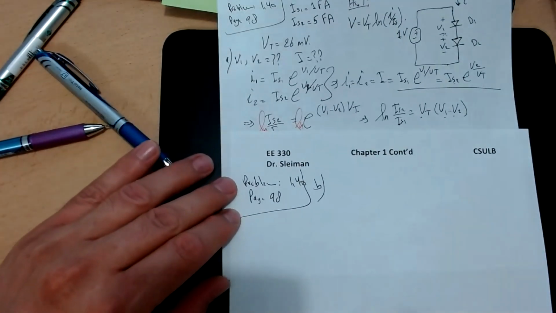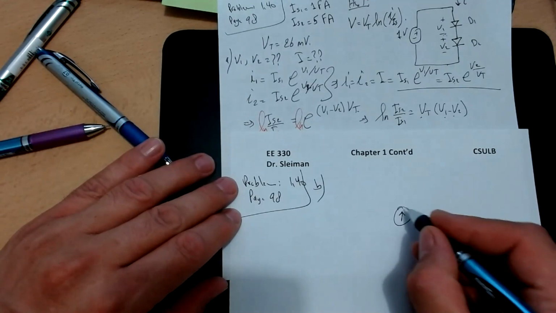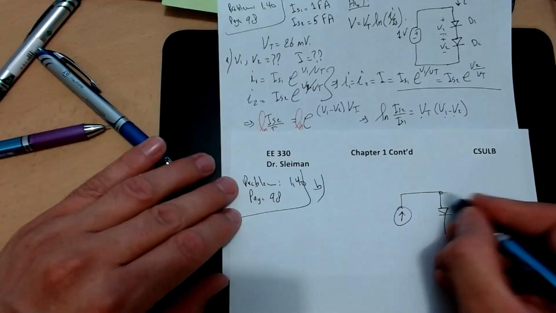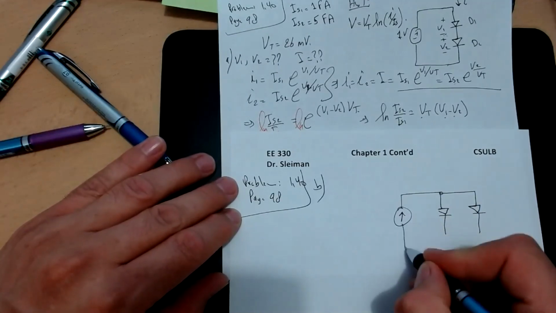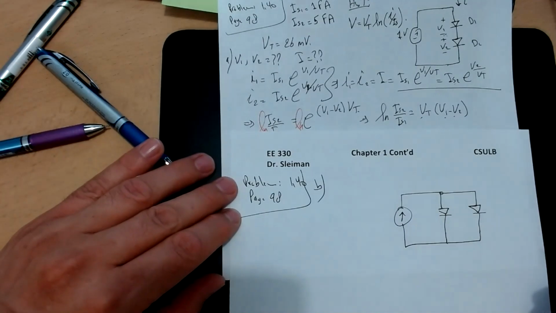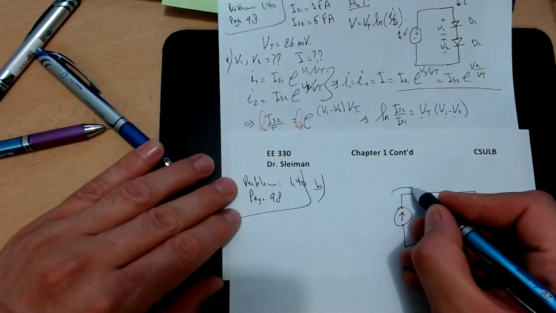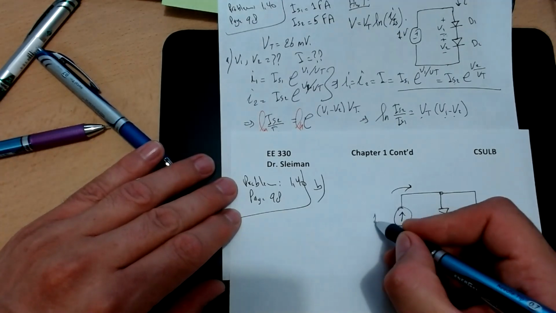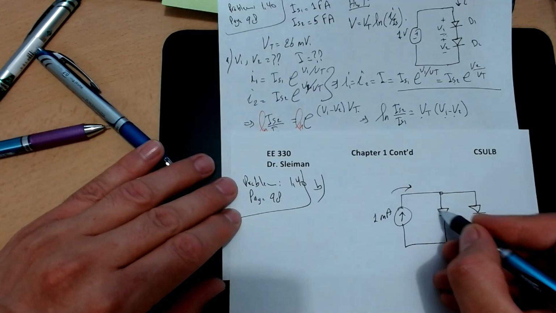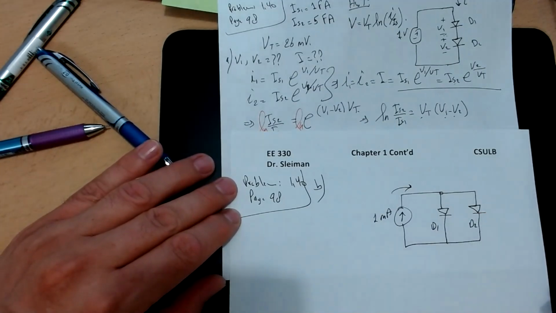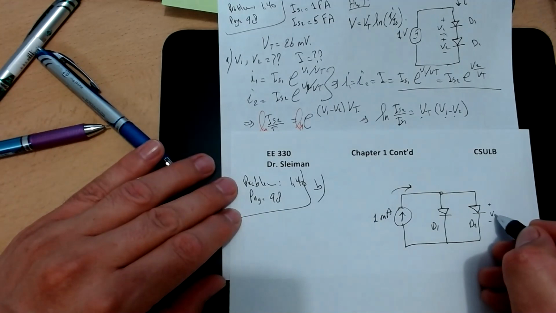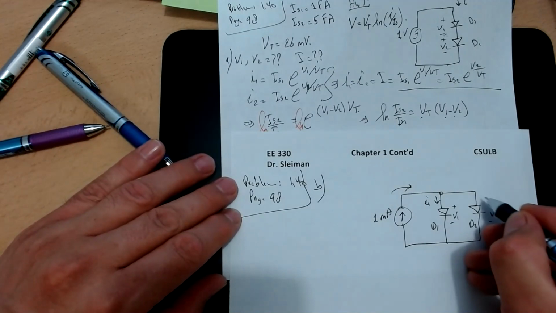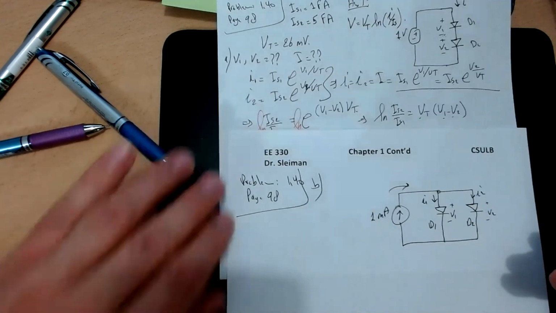So there's a current source here, and both of these diodes are forward biased, connected in parallel. The current running through here has a value of 1 milliamp. Let's say this is D1, D2, with voltages V1, V2 and currents I1 and I2.